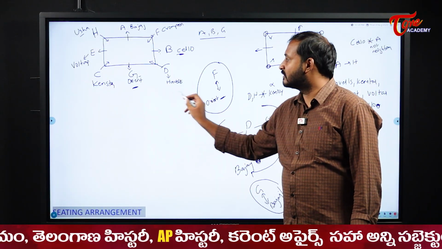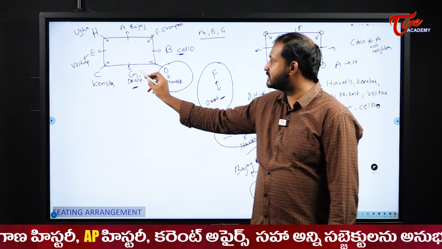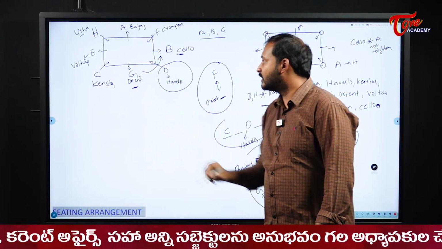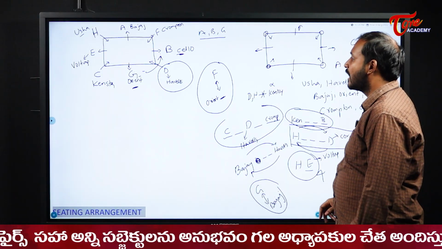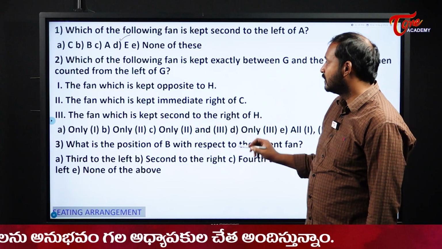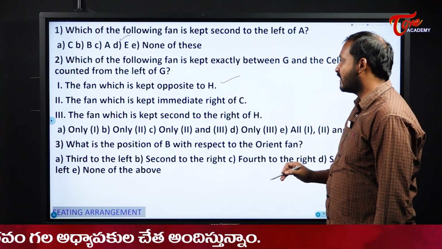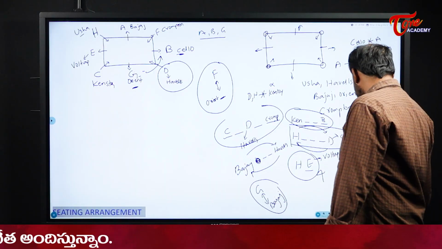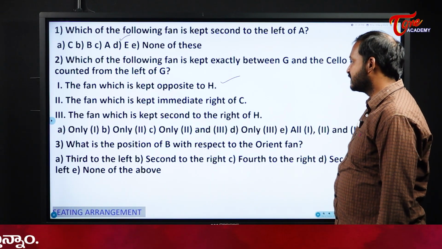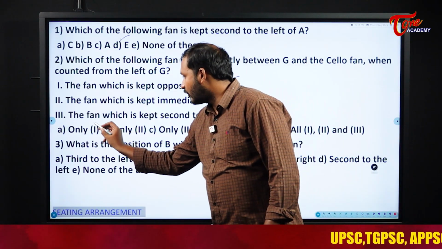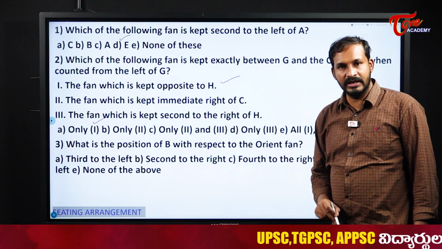Left of G, it is a D. Left of G means from here I need to check, sorry, I have checked from here, that is right side. So only one person, that is a D, which is opposite to H. Or else the fan which is kept immediate right of C, no, it is not possible. Next, the fan which is kept second to right of H, no. So here our answer becomes only 1. Our answer becomes option A, only 1 for us here.